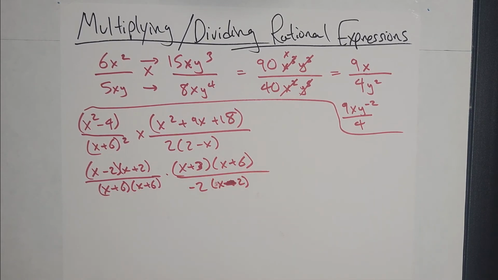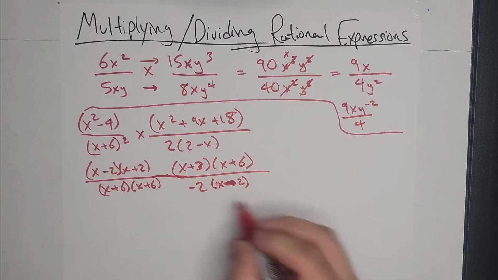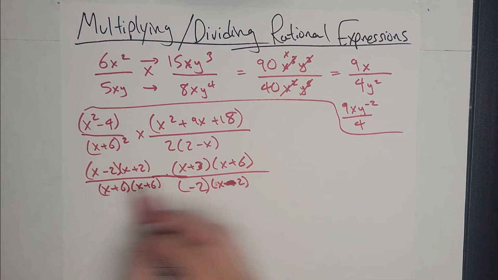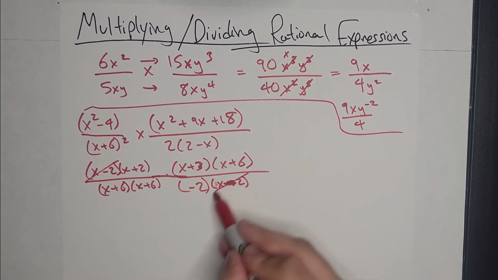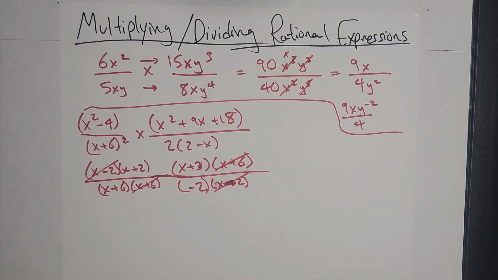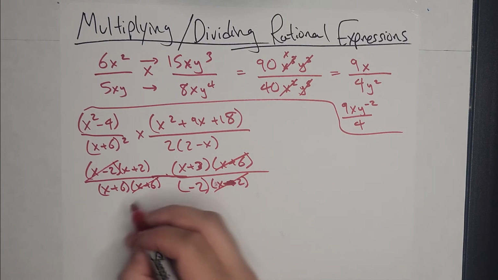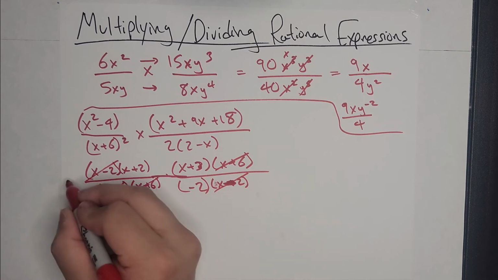Now, I can start cancelling things out. So if I put all this over the same fraction, now I have in the denominator x minus 2 and in the numerator x minus 2. Those are gone. Same with one of these x plus 6's. And now all I'm left with is that negative in the denominator, so I can bring the negative up here.